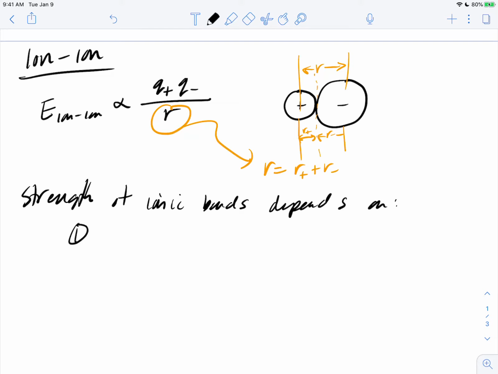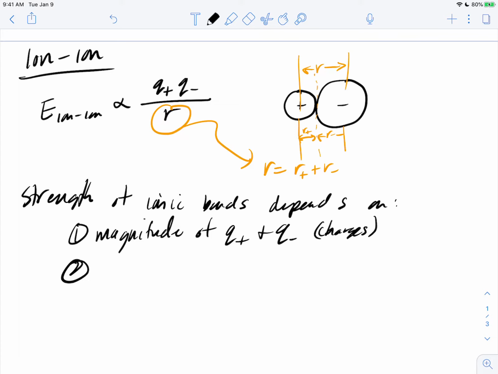This is the primary one we can look at: the magnitude of Q plus and Q minus, the charges. Is it plus 1? Is it plus 2, for example? And we can see this mathematically in a sec.